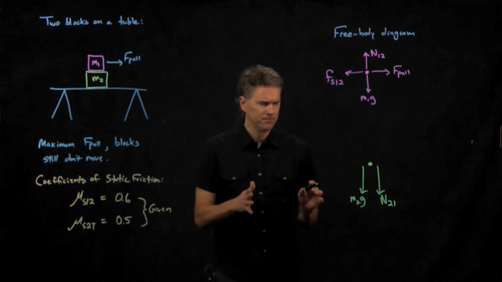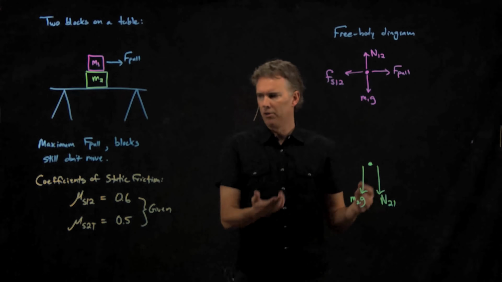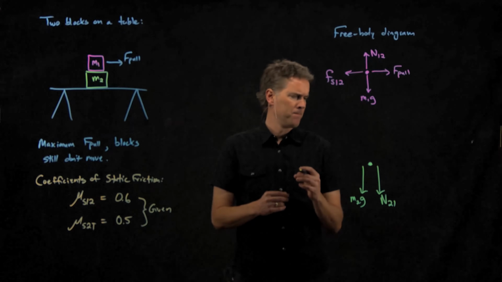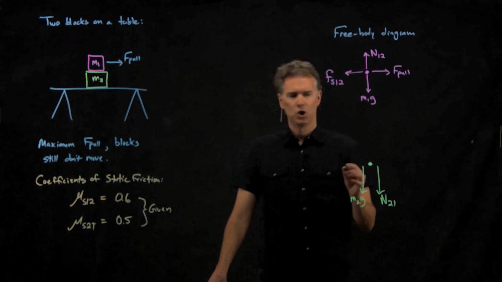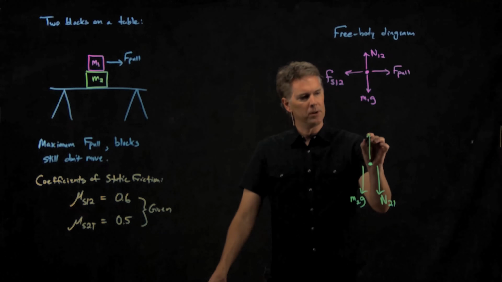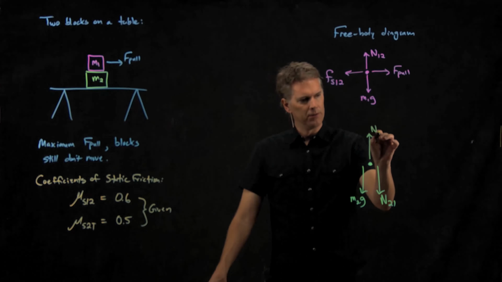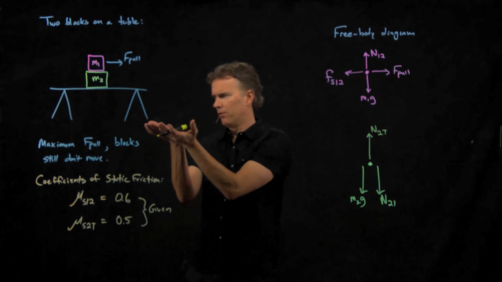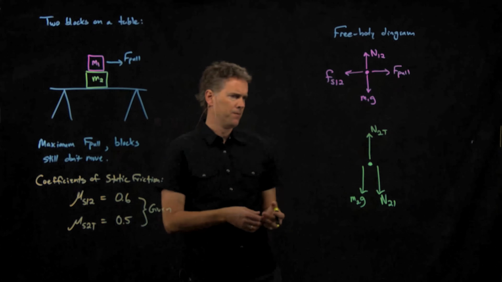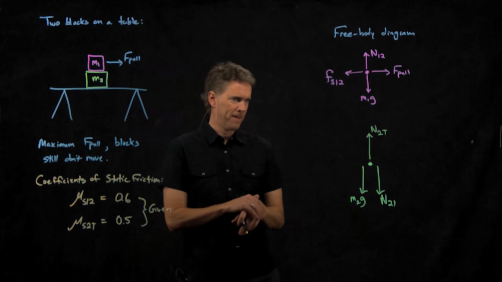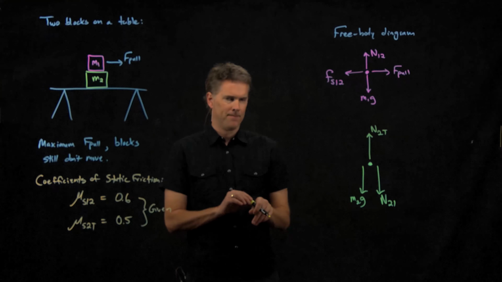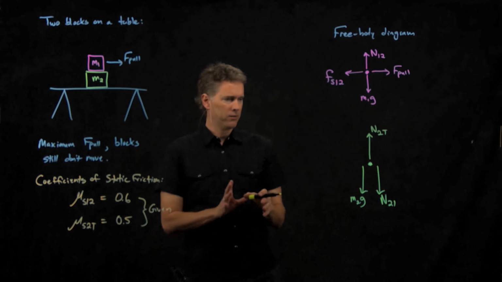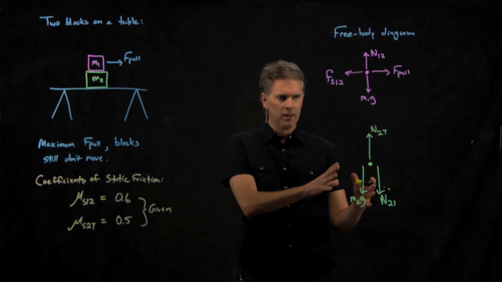Anything else? There's got to be something else if the whole thing's at rest, right? What's that? N2T. So there must be some normal force on 2 due to the table, right? The table is holding up block number 2. What else? It's not moving, so this could be it.